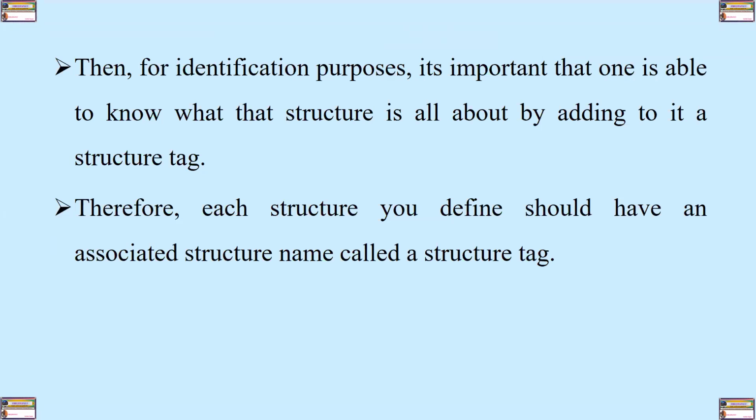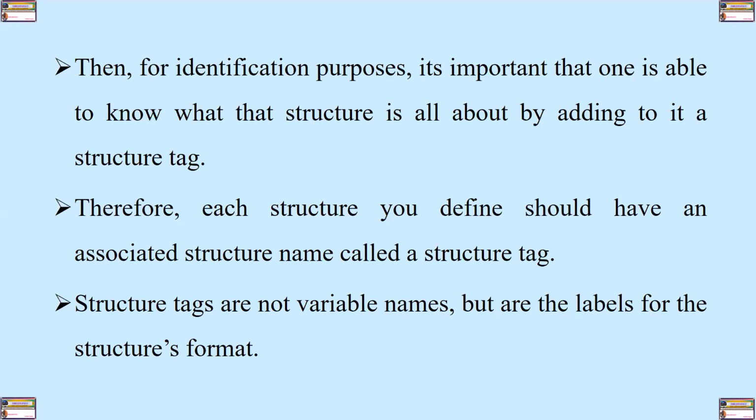And that name is what we are calling a structure tag. It's the one which is used for identification. You identify the structure that you have defined. Structure tags are not variable names, but are the labels for the structure's format.